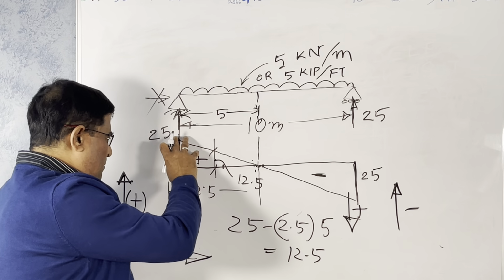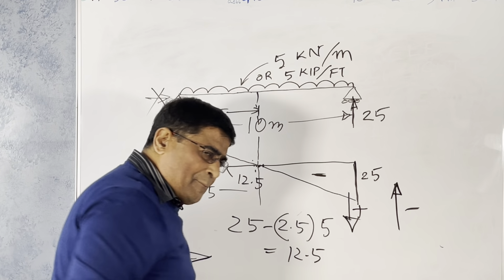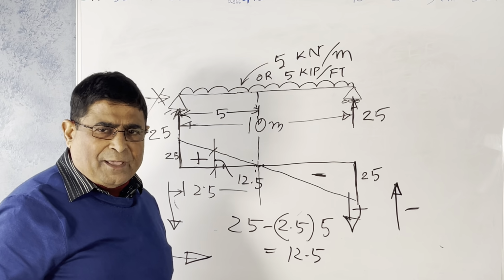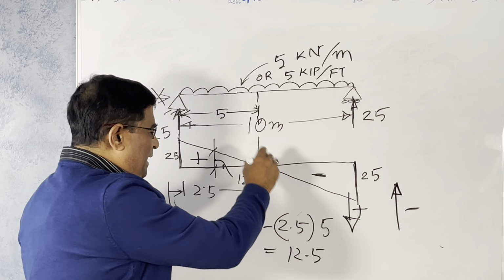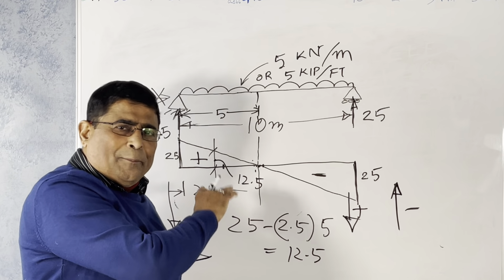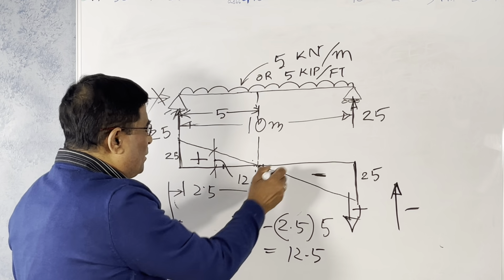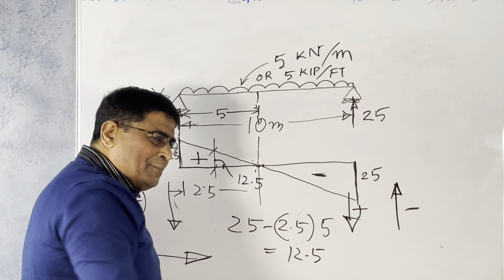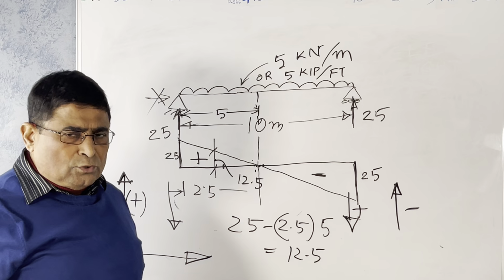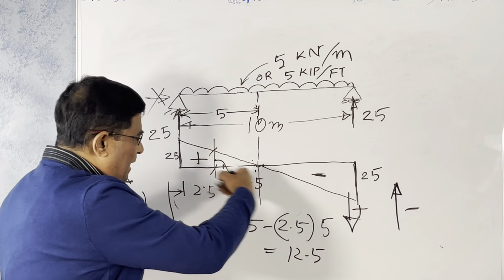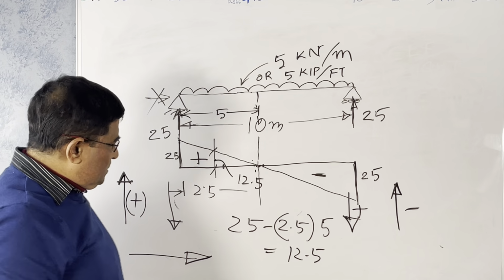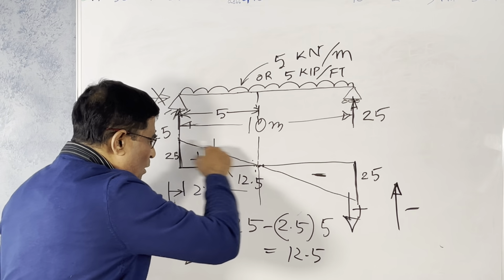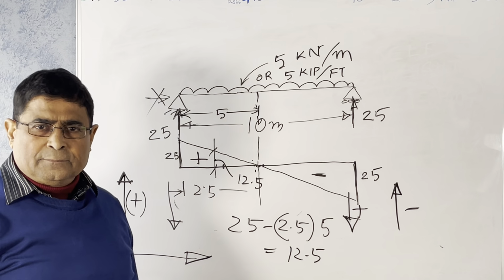The support takes the maximum shear force, and the bending moment is maximum, no matter what the load is, not at the support but somewhere in the middle region. You do not know exactly where, but it is somewhere here. But shear force is always maximum at the support.